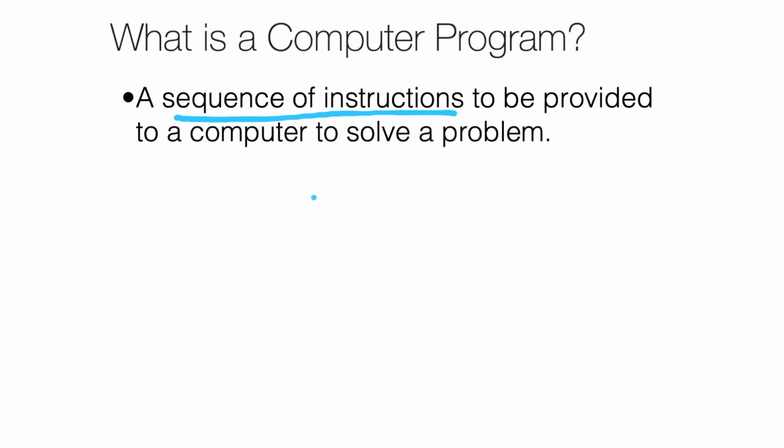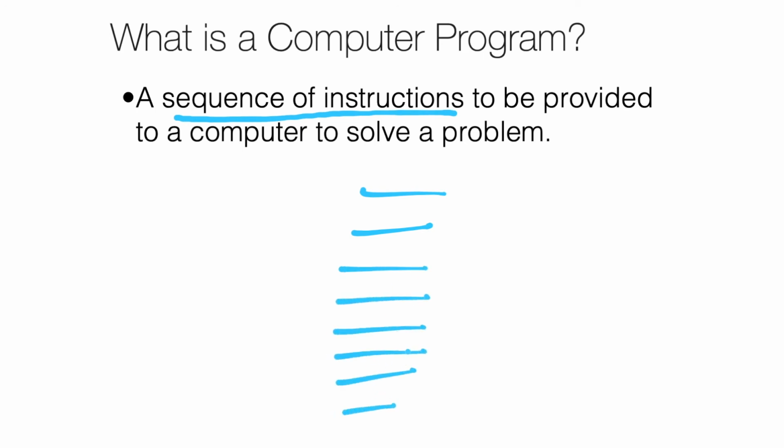If you are solving a problem using a computer, you have to give a sequence of instructions. That is the same as what we have done in the previous example. In the previous example, we gave a set of instructions for our guest to solve his problem.